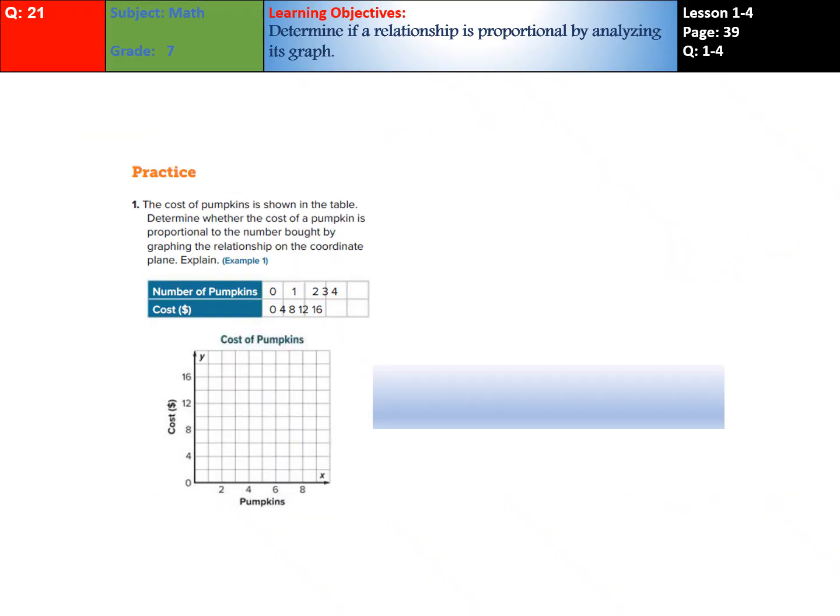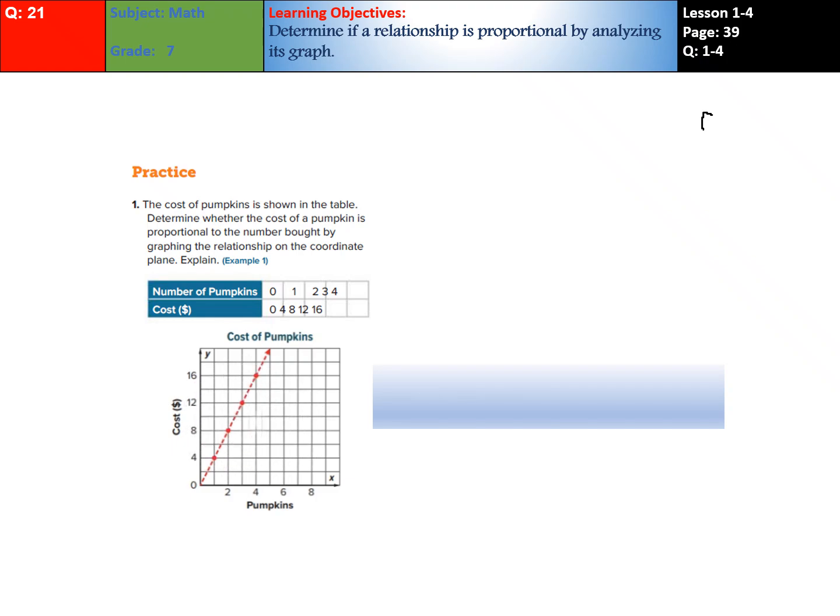Now we are moving toward question number 3, lesson 1.4. There is a chance that one of the questions from 1 to 4 will come. The cost of pumpkins is shown in the table. Determine whether the cost of the pumpkins is proportional to the number bought by graphing the relationship on the coordinate plane. At 0 it is 0, 1 is 4, 2 is 8, 3 is 12 and 4 is 16.